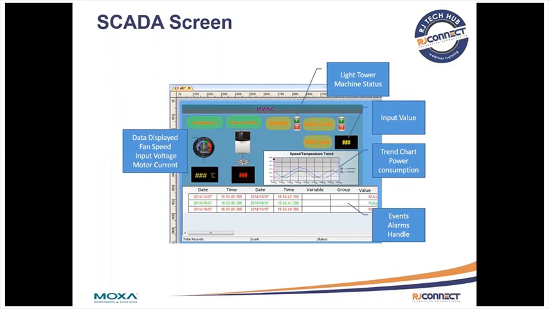So a typical SCADA display would give you a lot of information like our alarms and events, trends for power consumption or temperatures and humidity and pressures and so on. And we've also got the ability to input values to our devices to set certain setpoints and so on. We can also display temperatures and so on on gauges.